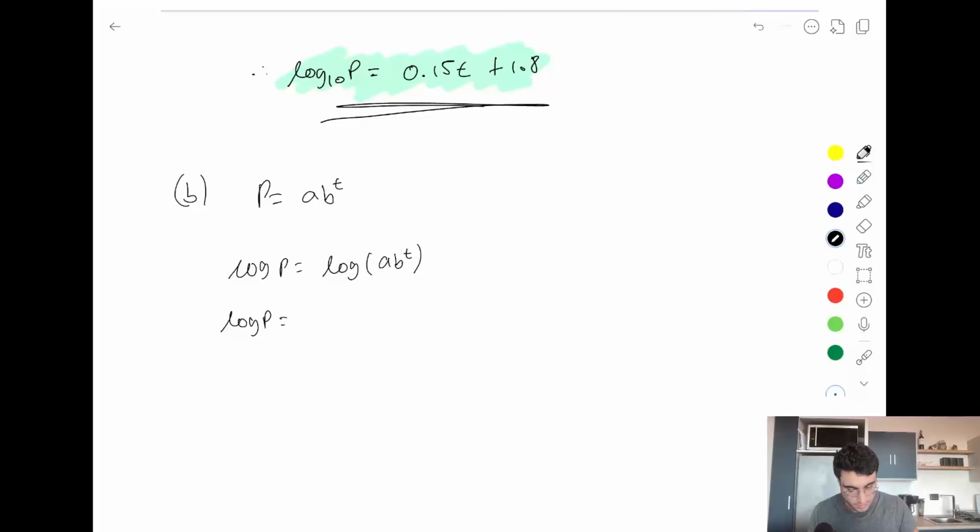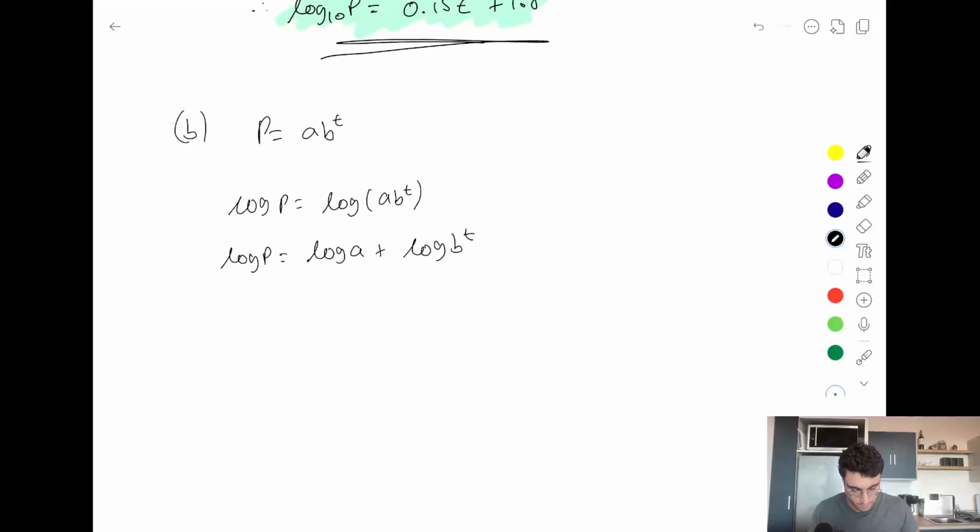Which means that log P is equal to log A plus log B to the power T. Which means that log P is log A plus T log B. Okay?